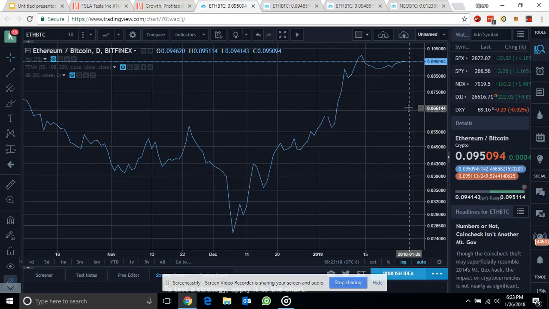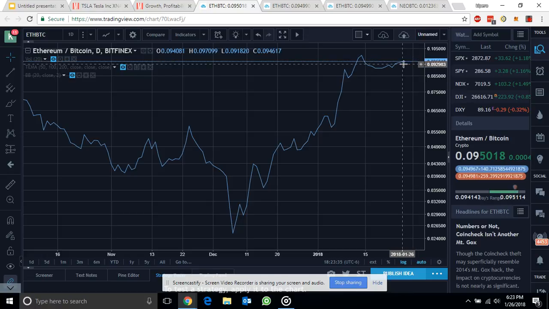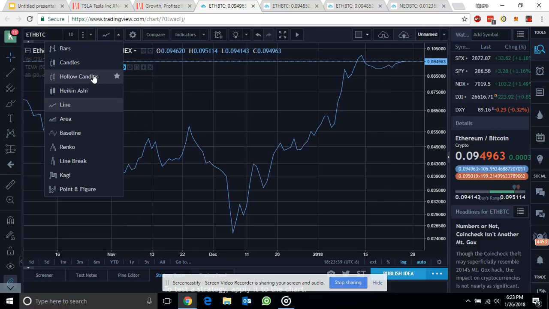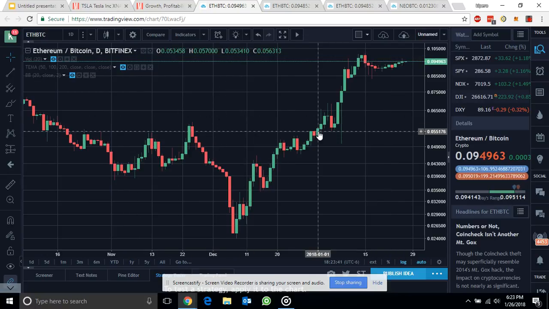So if you use line charts, you would know what the price of this asset was at the end of a day, at the end of your basis. If it's an hour, you'll see it at the end of the hour. However, in the case of candles, which look like this, let's load it, they give me more information.